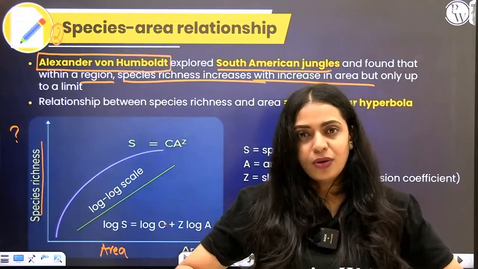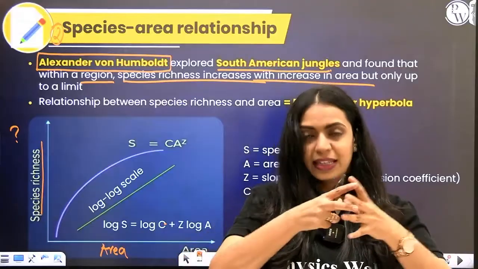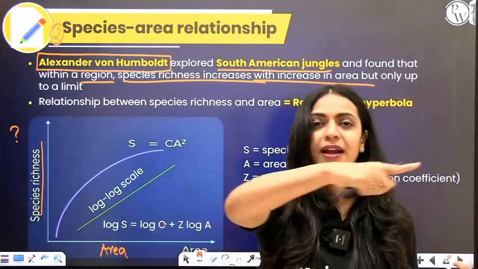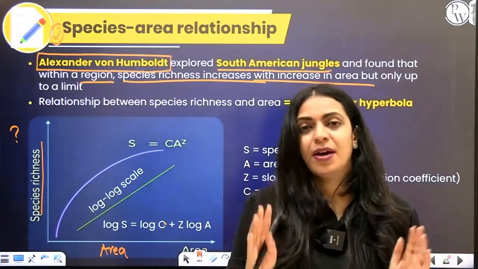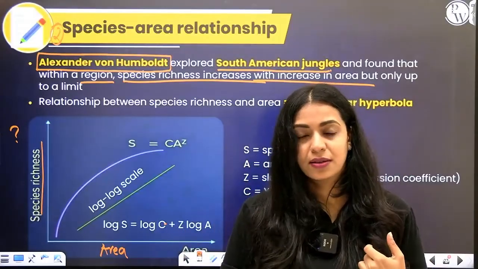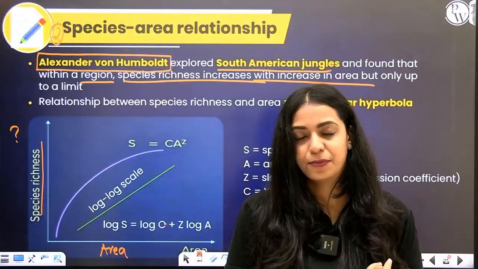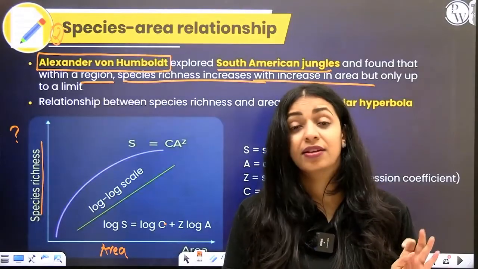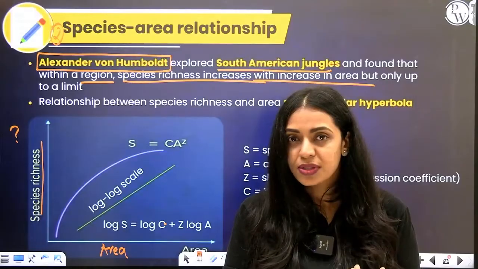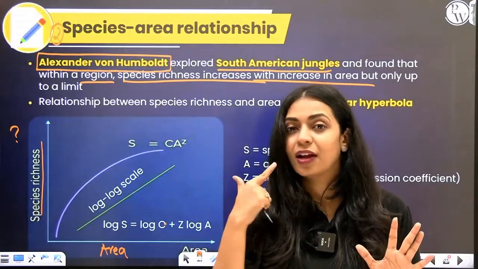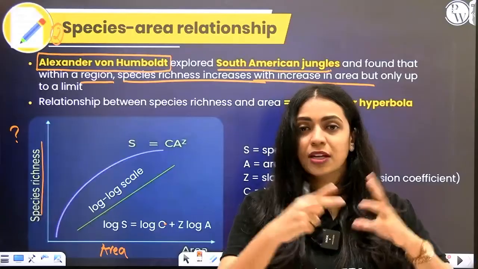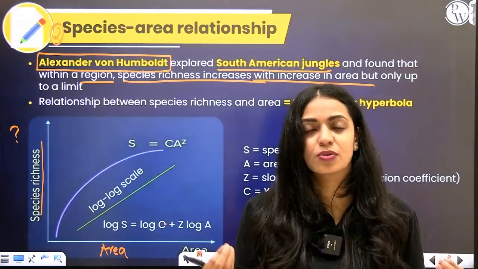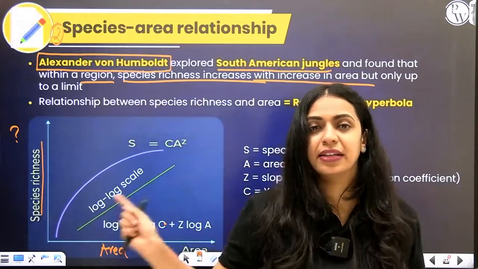Now let's go and explore. Now let's increase this area that we are exploring and look at my street. In my street, of course, there are humans. Some of the houses have pets. So there are fishes, there are cats, there are dogs, there are crows, there are trees in the road, there are tulsi plants. The number of species is going to increase. Species richness is going to increase. Now look at a city.